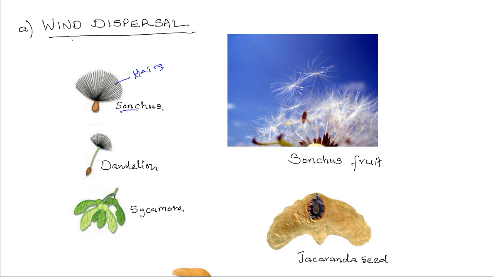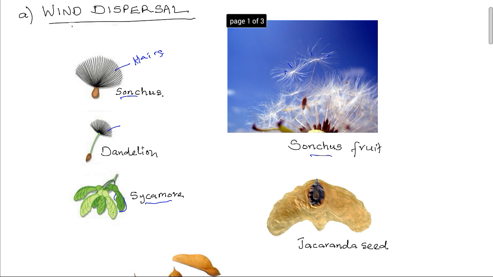Also in the dandelion, there are tufts of hair that increase the surface area to enable flotation in the wind. Fruits like the sycamore plants have broad wing-like structures. There is a sunker's fruit photograph. You can see the hairs that greatly increase the surface area for easy flotation.